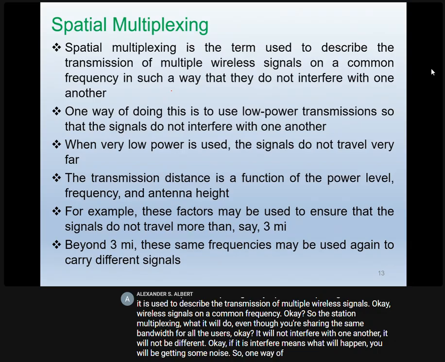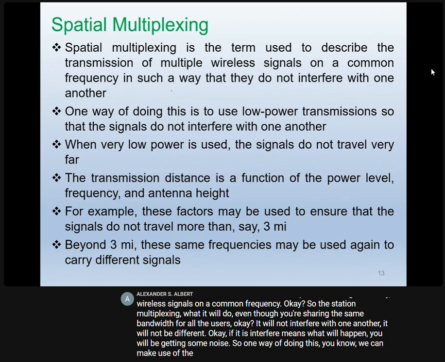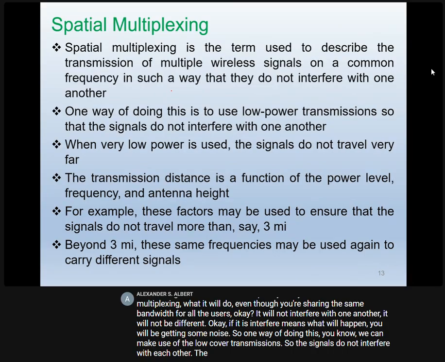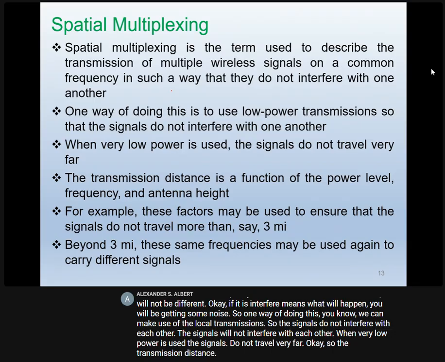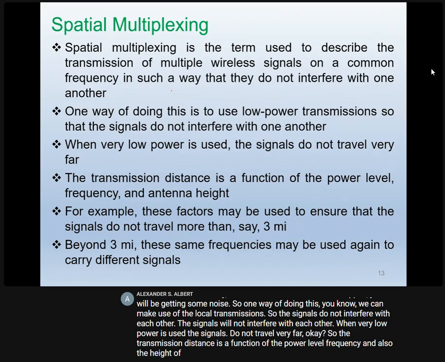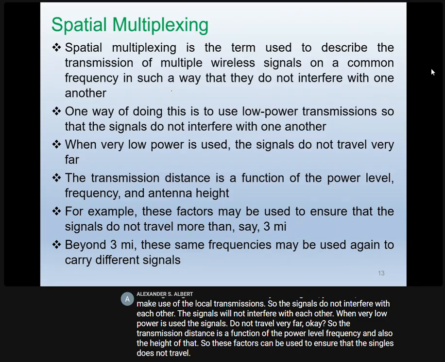One way of doing this is to make use of low power transmissions, so the signals do not interfere with each other. When very low power is used, the signals do not travel very far. The transmission distance is a function of the power level, frequency, and also the height of the antenna. These factors can be used to ensure that the signals do not travel more than, say, 3 miles.